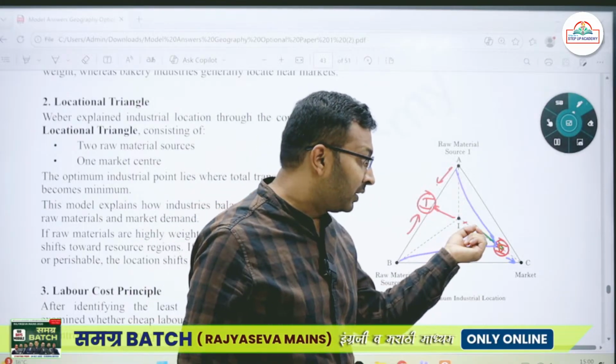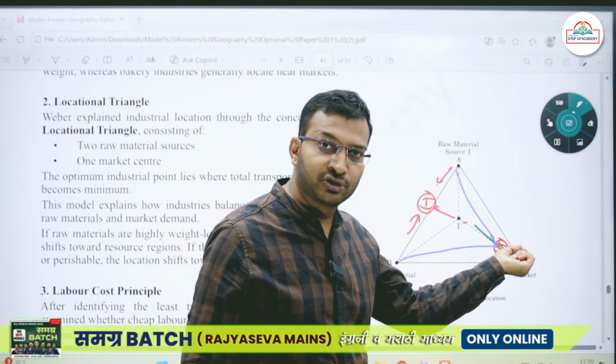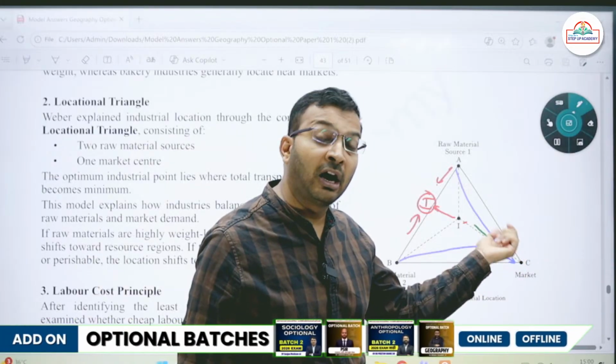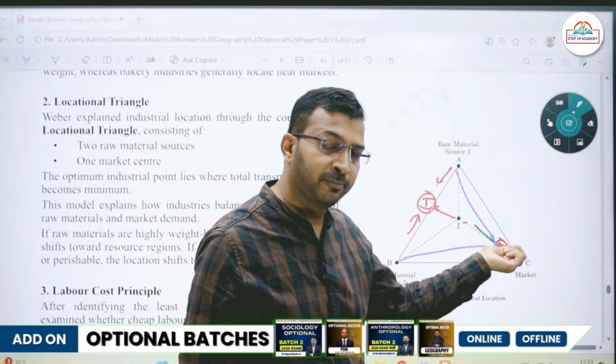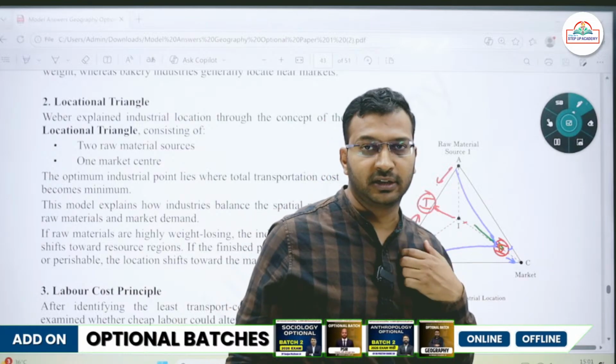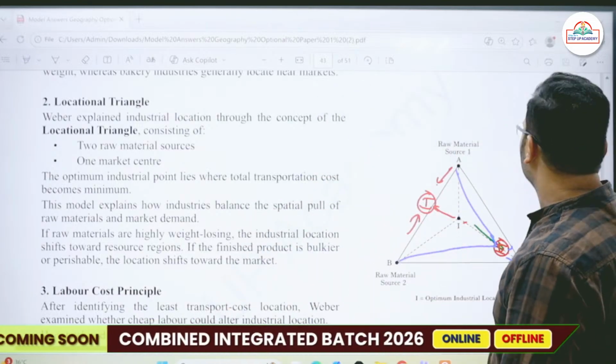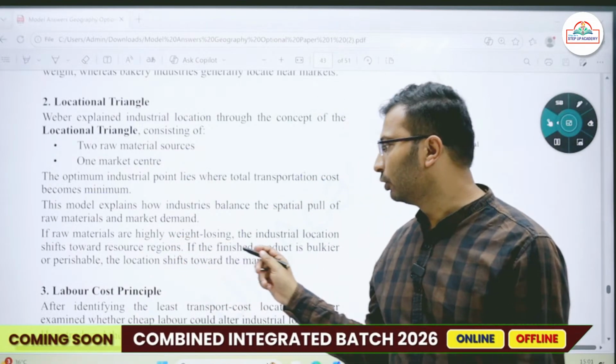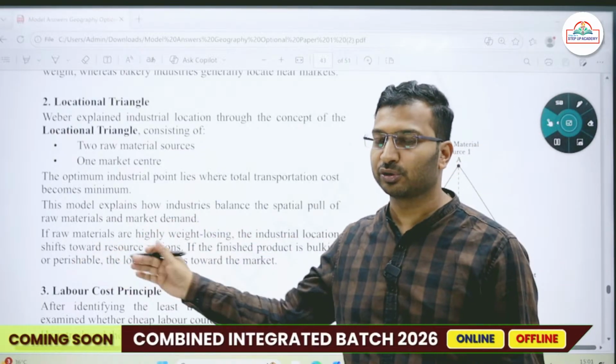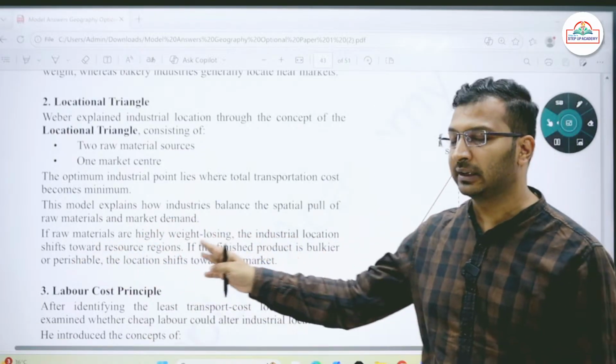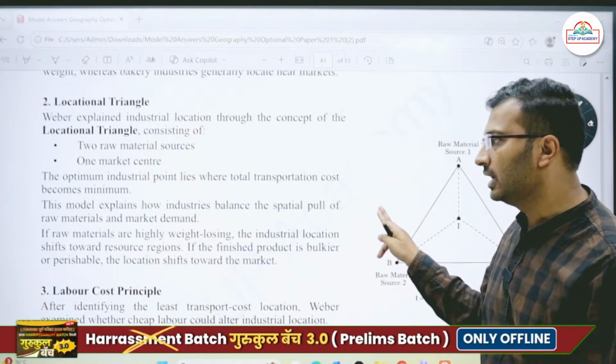If the finished goods are bulky, and even after production they are perishable, in that case it will be located near the market. So if raw materials are highly weight losing, the industrial location shifts towards the resource region, and if the finished product is bulkier and perishable, it shifts towards the market.